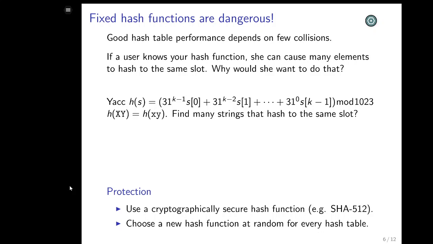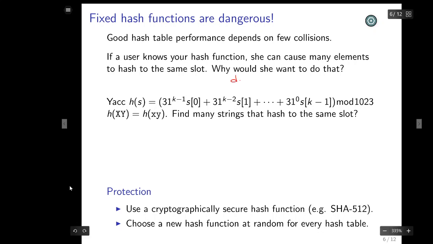If there's somebody out there that can cause many elements to hash to the same slot, then they can execute a denial of service attack on your web server by requesting keys that are all hashing to the same location to be stored. And that set of keys would cause the performance of the hash table to be much, much worse than it would be if the keys were evenly distributed.